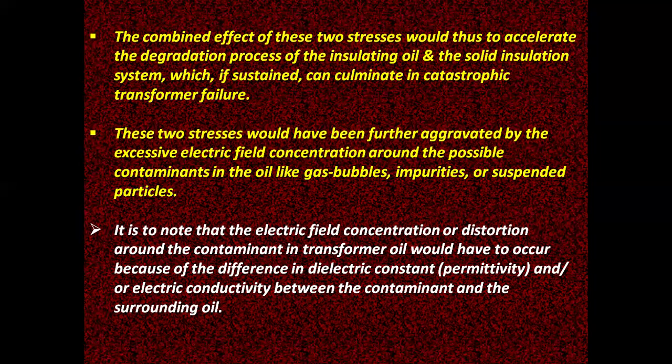These two stresses would be further aggravated by the excessive electric field concentration around possible contaminants in the oil like gas bubbles, impurities, or suspended particles. It is to be noted that the electric field concentration or distortion around a contaminant in transformer oil occurs because of the difference in dielectric constant, that is permittivity, and or electric conductivity between the contaminant and the surrounding oil.